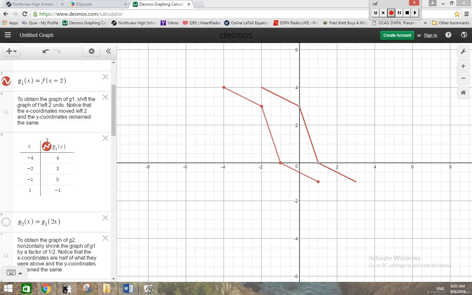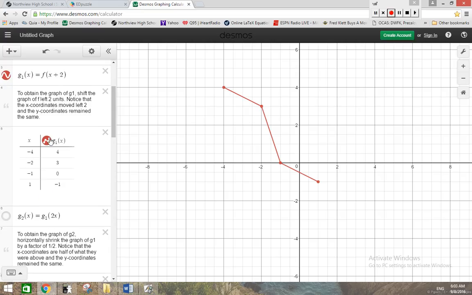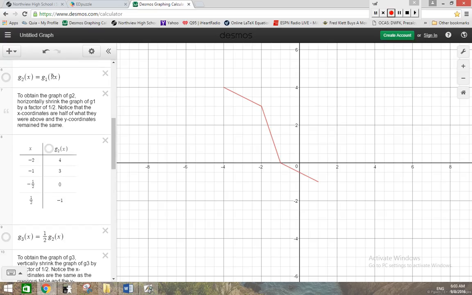Alright, so I'm going to toggle the original one off, because now we're working with this graph, and what we want to do is the next transformation, which is that 2, and that is a horizontal shrink by a factor of 1/2. It's bizarre in its behavior, and you're going to see these values shrinking and being drawn in closer to the y-axis.